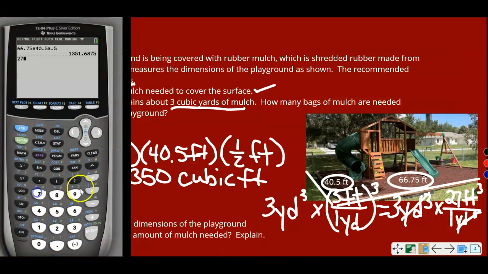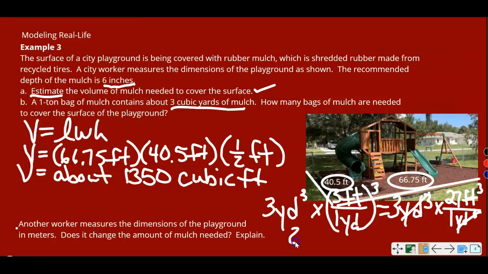Let's see, 27 times 3. All right, so that is 81 feet cubed. So what does that tell us? A 1-ton bag of mulch contains 3 cubic yards of mulch, or 81 feet cubed.